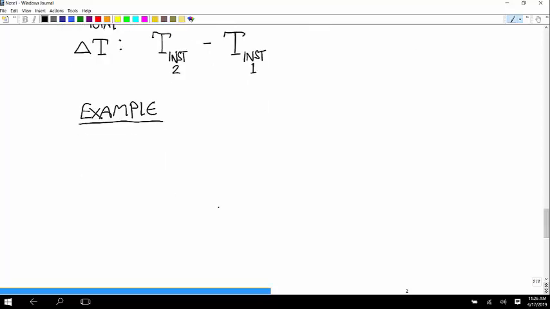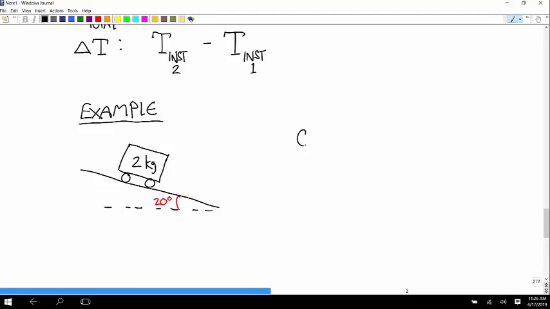Okay, so let's say you have a block. Well, let's make it a cart so there's no friction. Let's say that this angle is 20 degrees. And let's make the mass 2 kilograms.